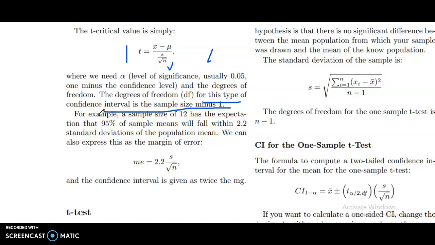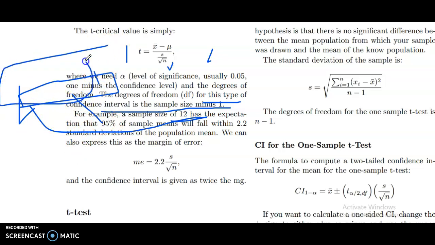For example, a sample size of 12 has an expectation that 90% of sample means will fall within 2.2 standard deviations of the population mean.